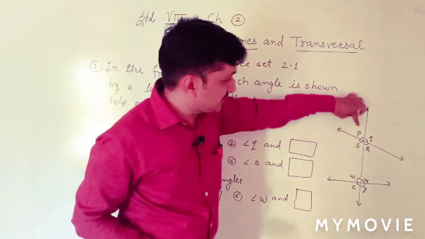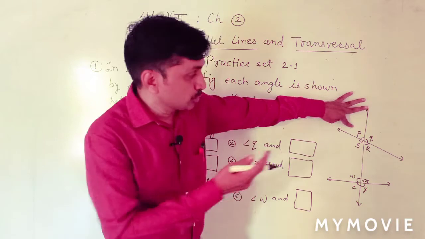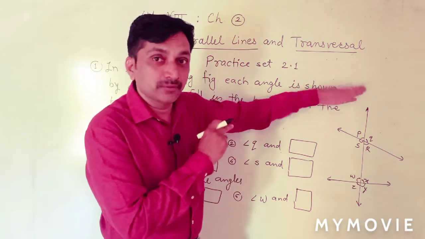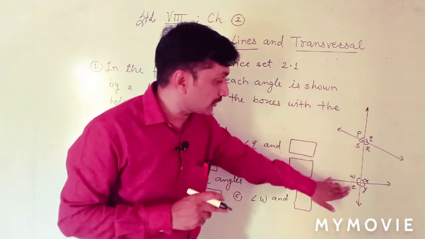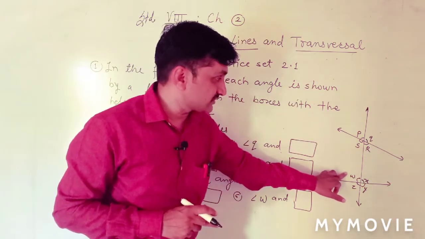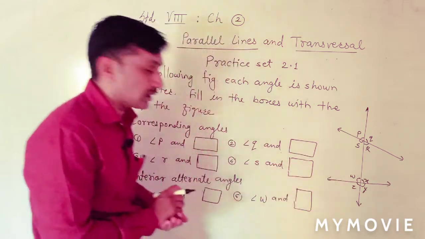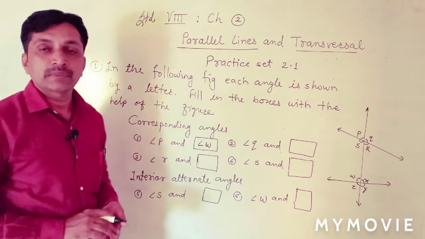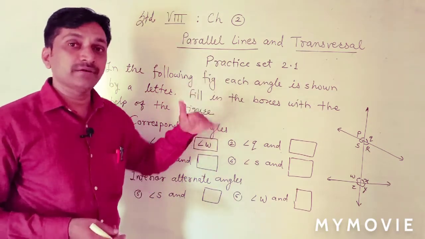P. Now P is here. P is to the left and above. We want the same for the second line also. To the left and above, P and W are corresponding, therefore here will be W. Both angles are to the left and above.